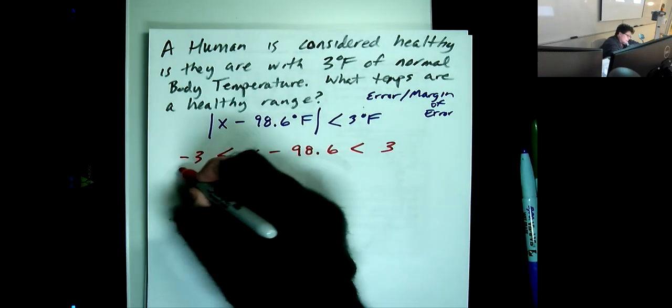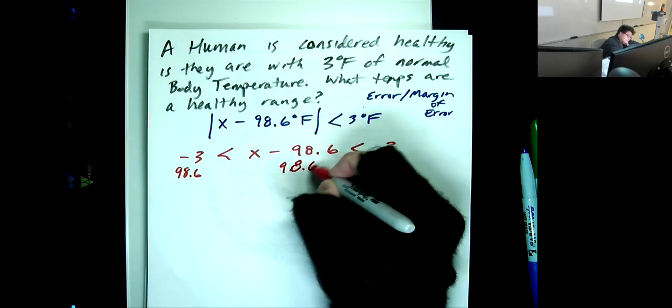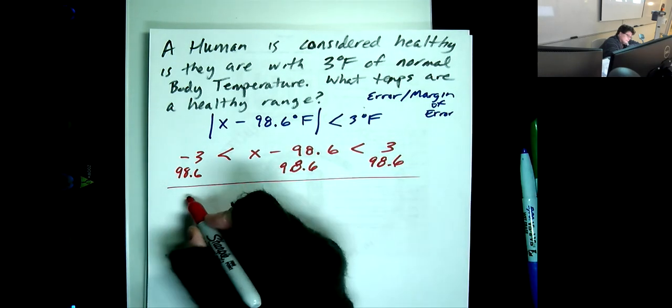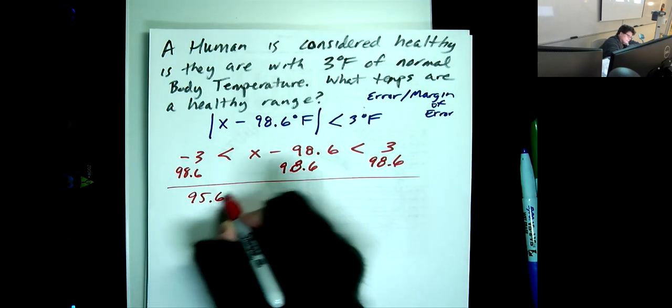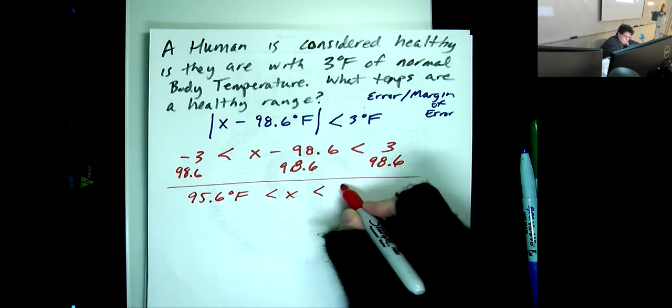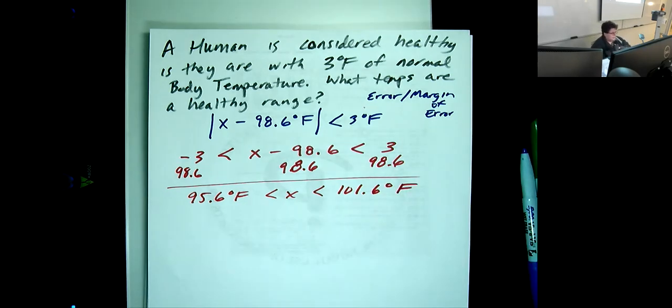Now we're just adding 98.6 to each side. So that's a healthy body temperature range. Not everyone runs exactly 98.6. It's the average for the population.